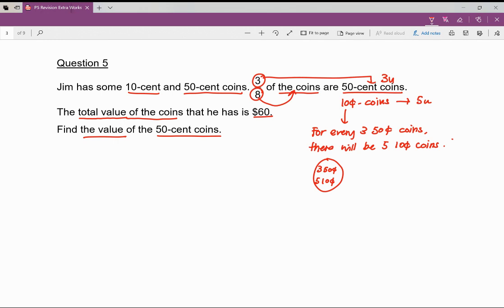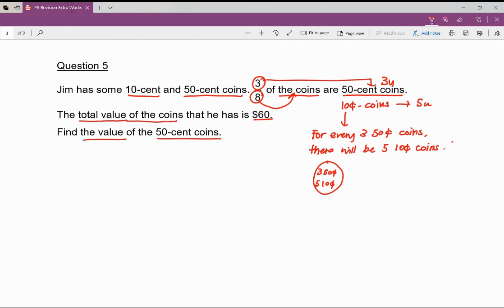You have a tendency to write wrongly when it comes to multiplying and converting the money parts. Okay, so these 3 50-cent coins and 5 10-cent coins, I want to find the total value in one group because I will need this later.